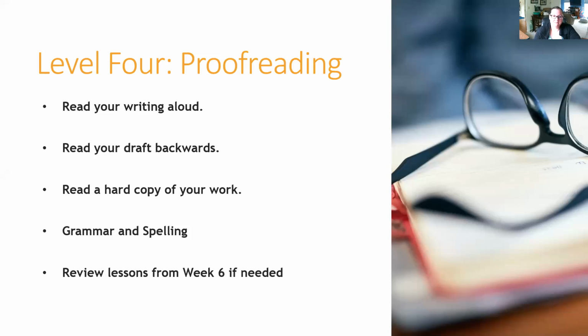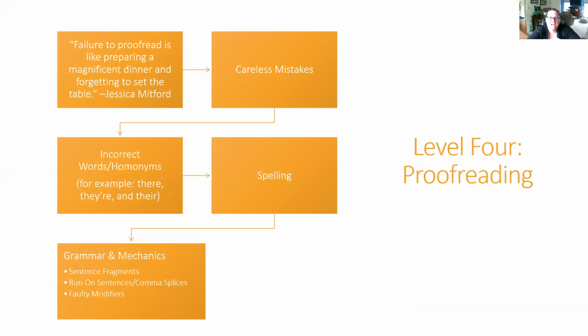All right, but here is kind of what we're looking at. Failure to proofread is like preparing a magnificent dinner and forgetting to set the table. Jessica Mitford. So you have this beautiful spread. The food is delicious. Dessert is going to just be to die for.